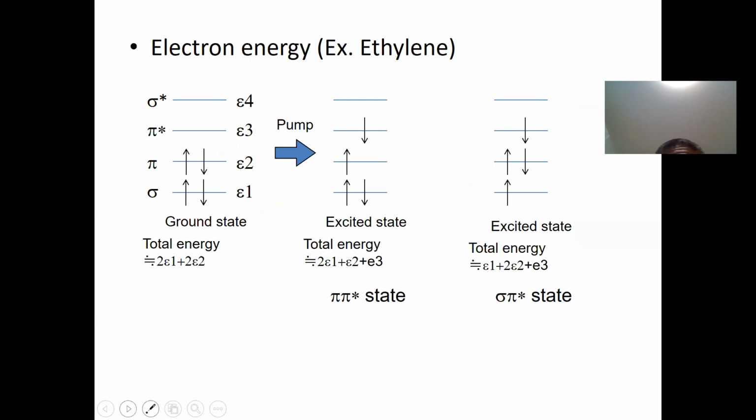Let's simply think about it like this. When we think about ethylene, C=C, in this case we have a sigma bond and a pi bond.